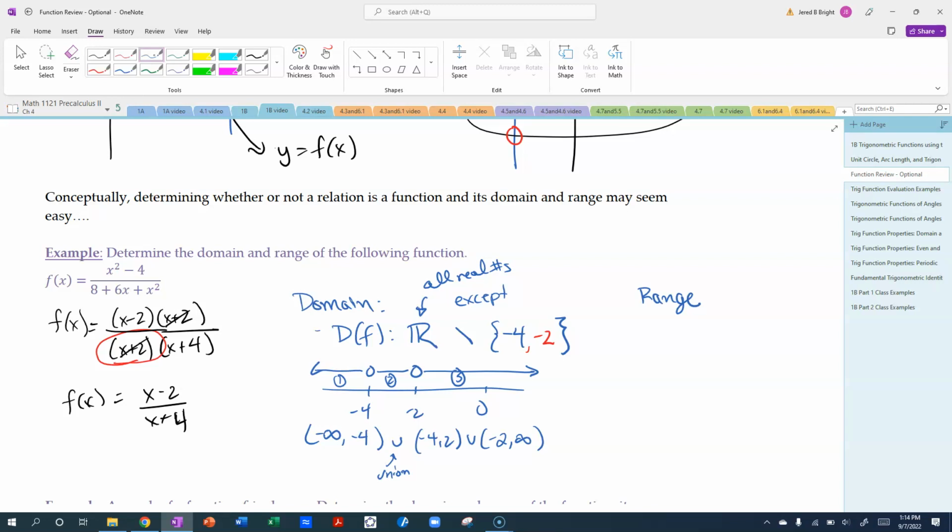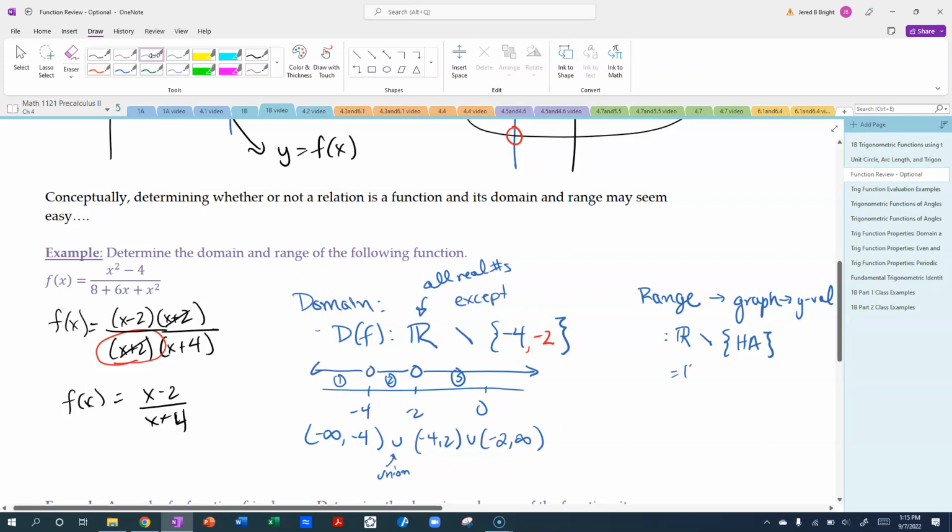All right, so now the range. The range is going to be a little bit trickier, and generally what I'm going to say is look at the range by looking at the graph, okay? And specifically the y values on the graph. Mathematically, if you remember from your pre-calculus studies or maybe Algebra 2, this ends up being all real numbers except wherever you have a horizontal asymptote, because this comes from a rational function.